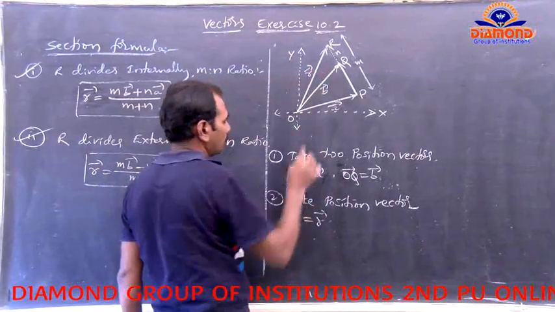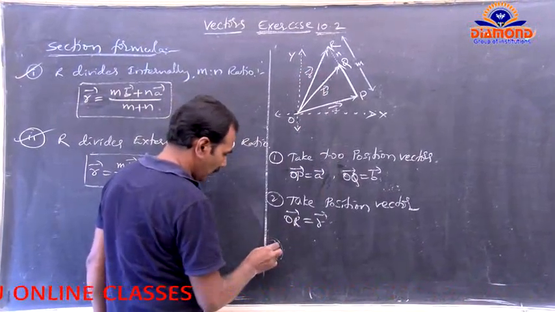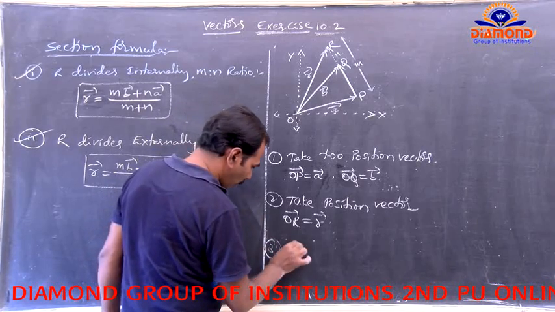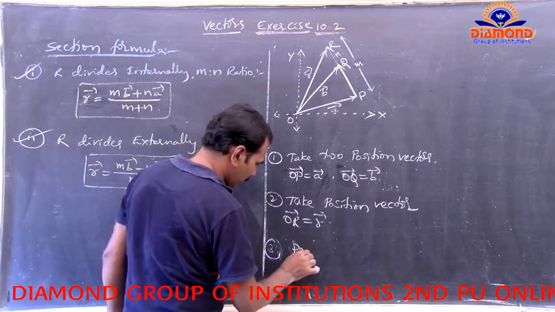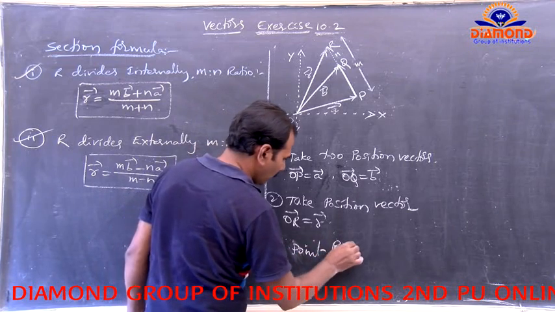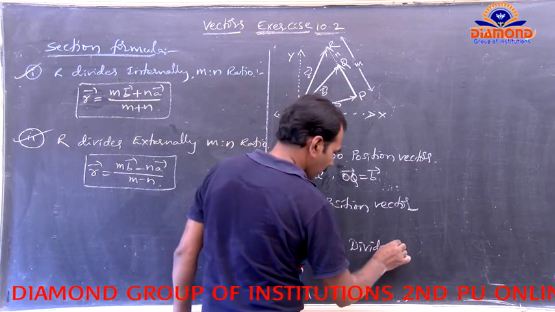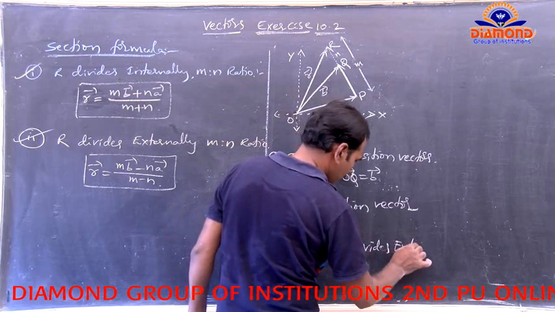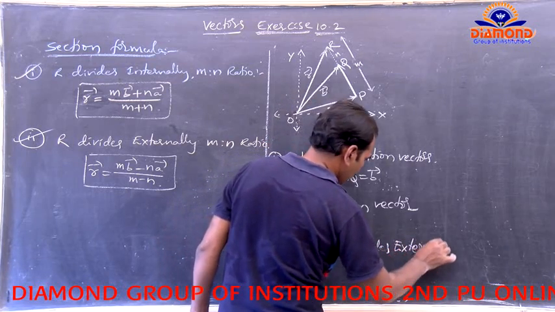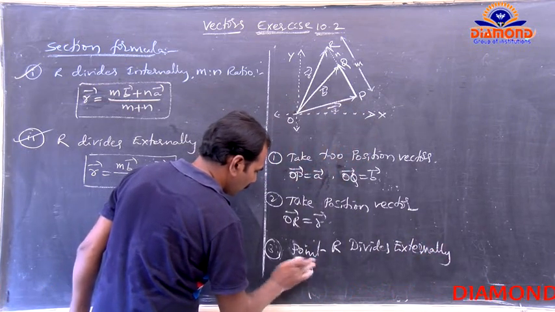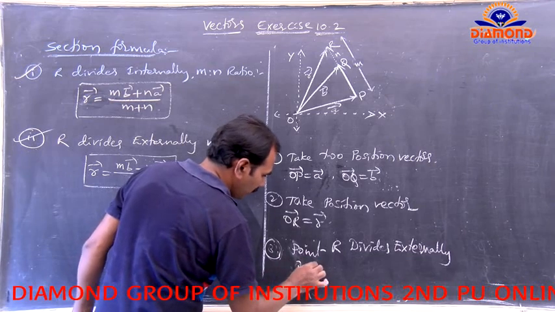This is R bar. So next, point R divides externally in the ratio M is to N.